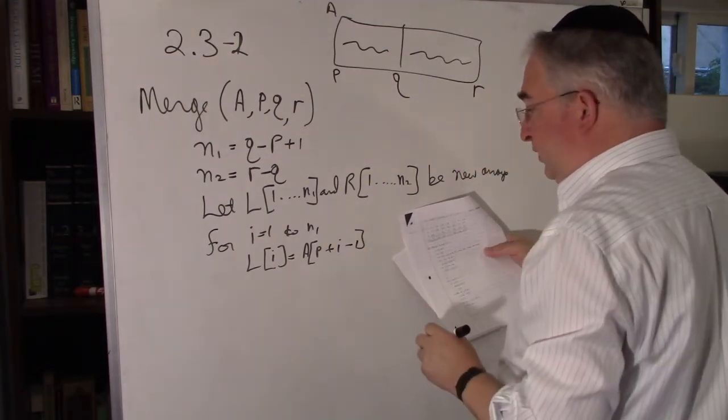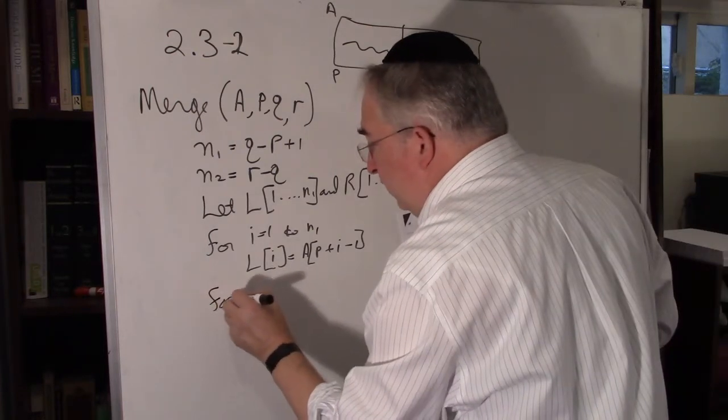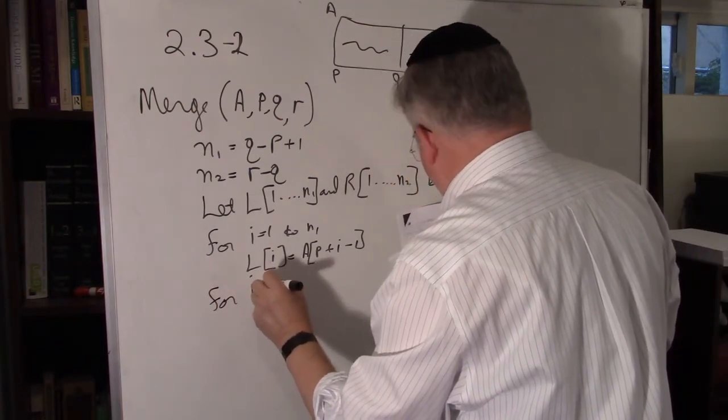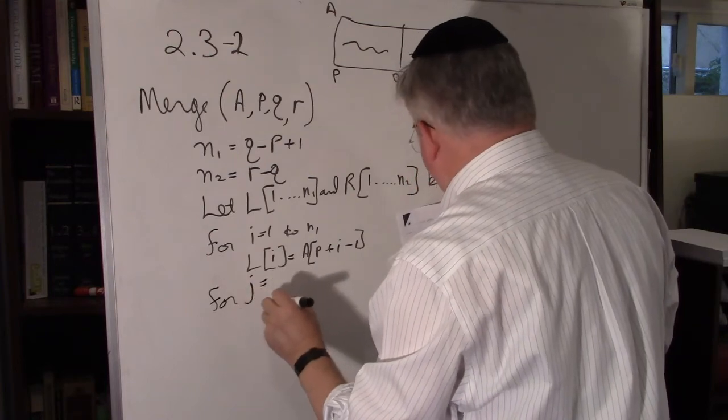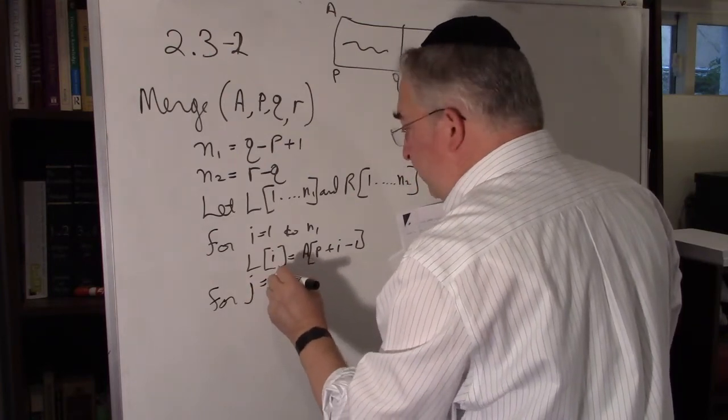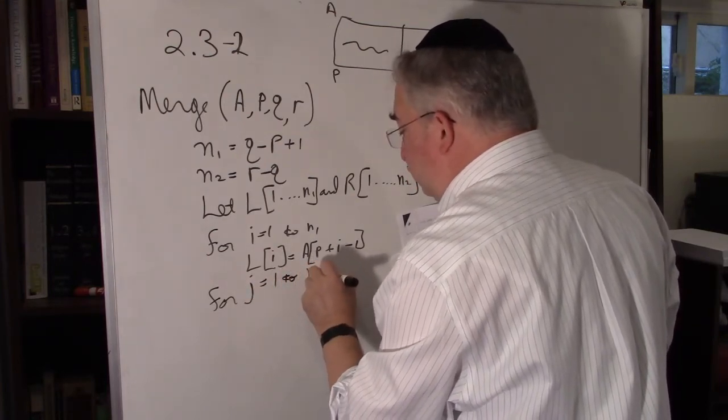Sorry, let's add 1. For J equals 1 to N2.